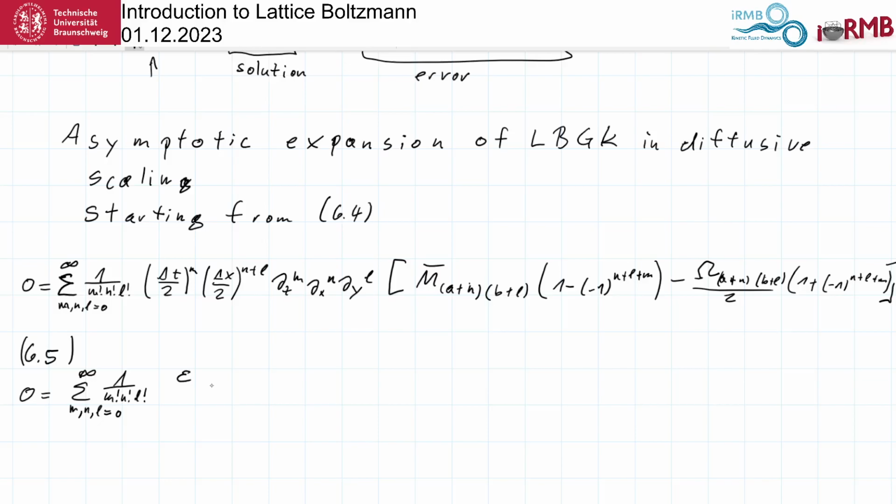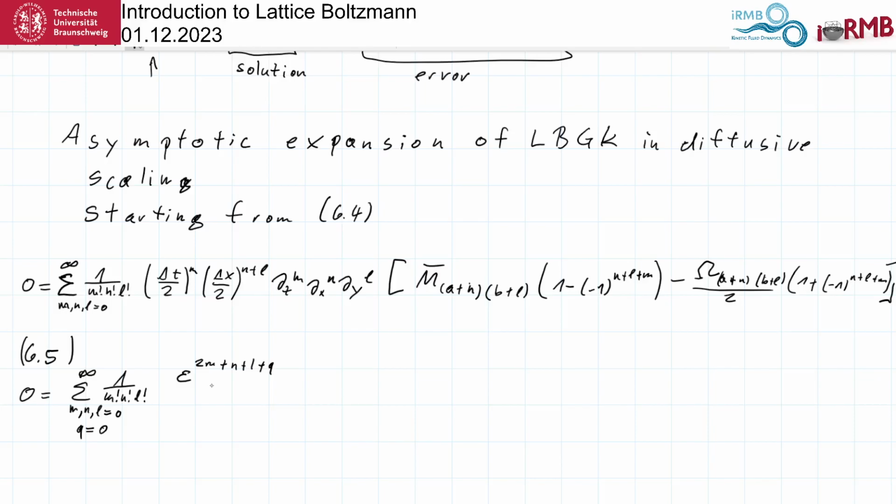You have to remember that delta t is epsilon squared. So then here we get, instead of m, 2m, epsilon to the power of 2m plus n plus l plus q. Here is a sum over q, which I had forgotten, so we also have a new parameter q. q is the expansion parameter of the asymptotic expansion in which we expand the moments.